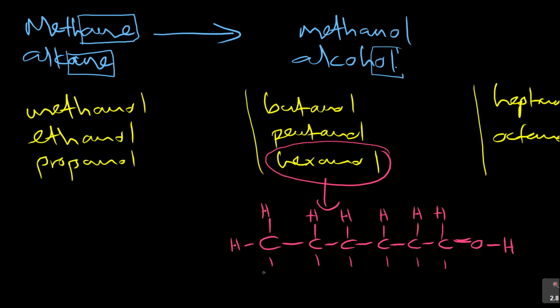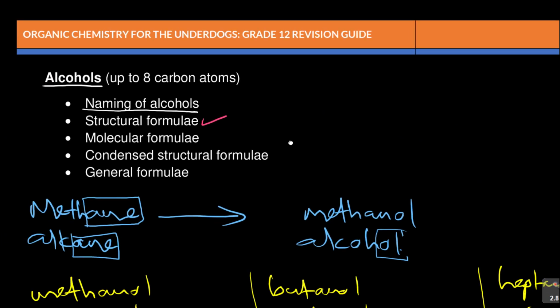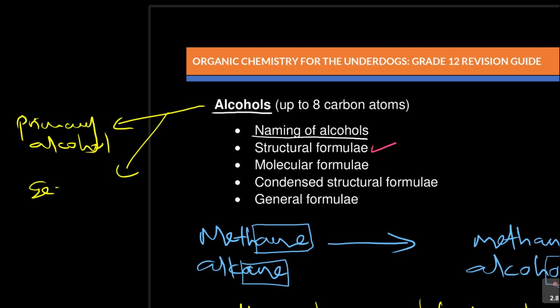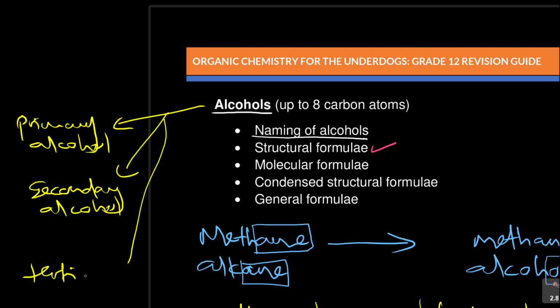So for now, I will limit this, as I told you that there are 3 types of alcohols. In the alcohol part here, there are 3 types of alcohols. You have what is called a primary alcohol, which we are going to discuss in another lesson, and then we have a secondary alcohol, and then lastly you have a tertiary, or 3rd degree, alcohol.